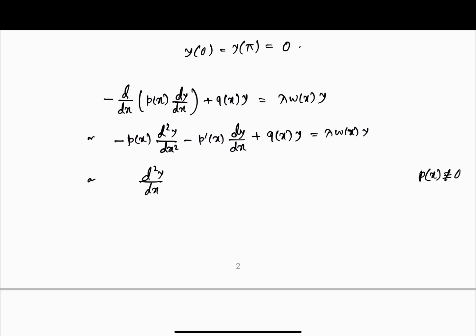d²y/dx² plus p'(x)/p(x) dy/dx plus q(x)/p(x) y equals minus lambda w(x)/p(x) times y, right?